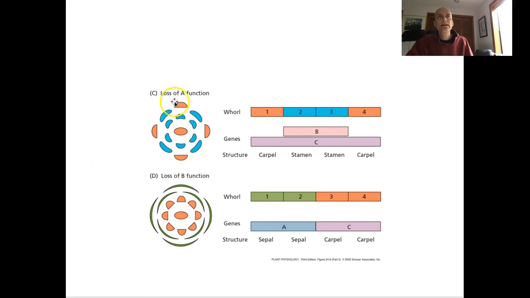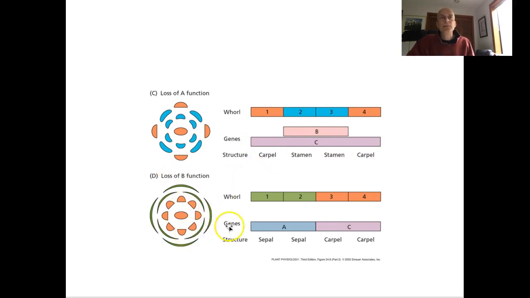So this kind of expression pattern in the ABC model would explain this kind of mutant. And then likewise, if we have loss of A function, then we have the C-class gene spreading out into the first and second world. And that can now interact with the B-class gene in the second and the third world, producing only stamens there, while producing carpels in the outside of the first and the fourth worlds.